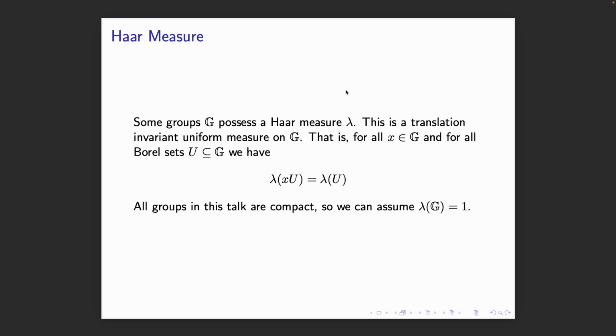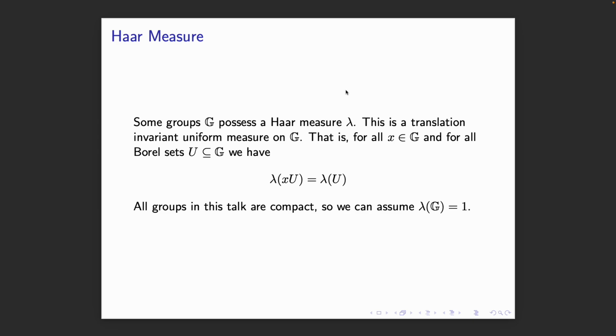The most important measures in this talk, on all the groups in this talk, are called Haar measures. These are translation invariant uniform measures on groups.